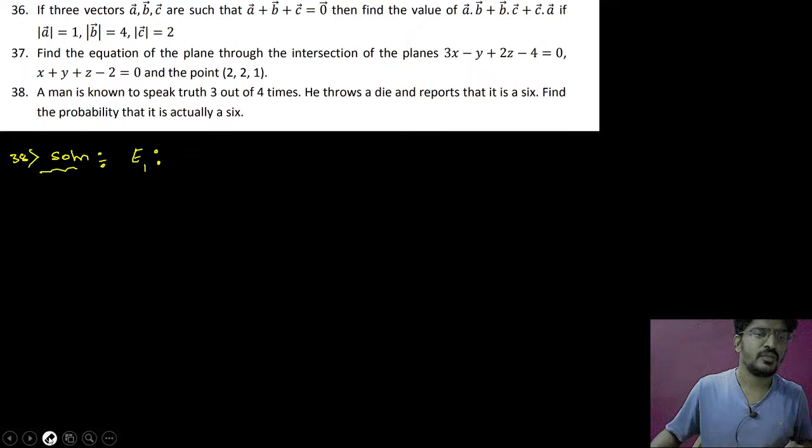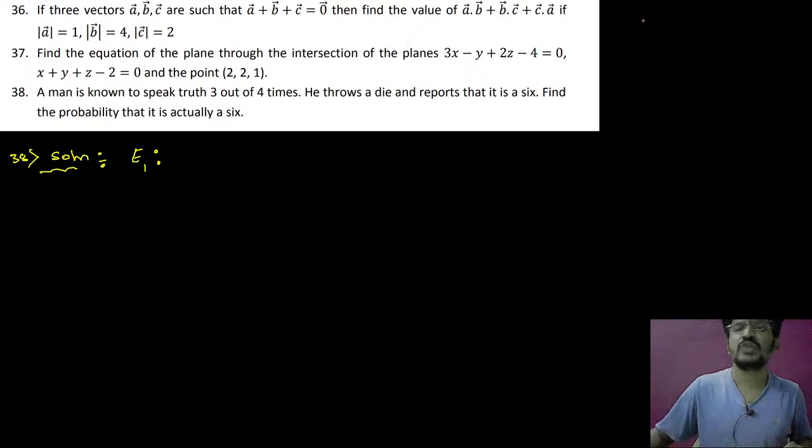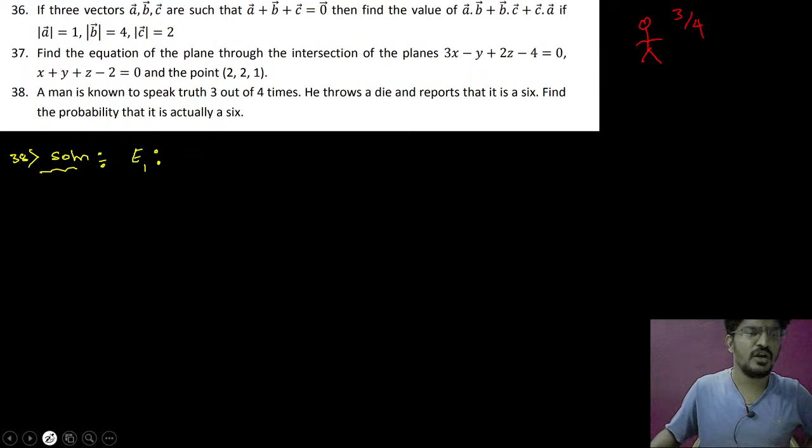Okay. So diagrammatically we can go through it. There is one student. He speaks the truth 3 out of 4 times.